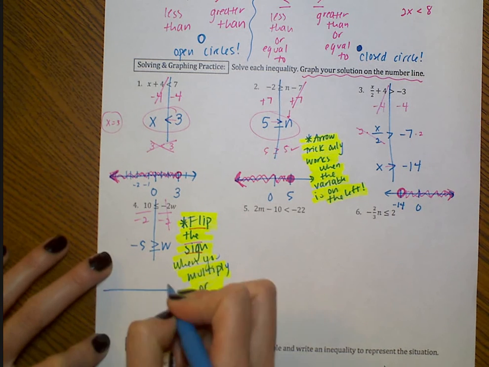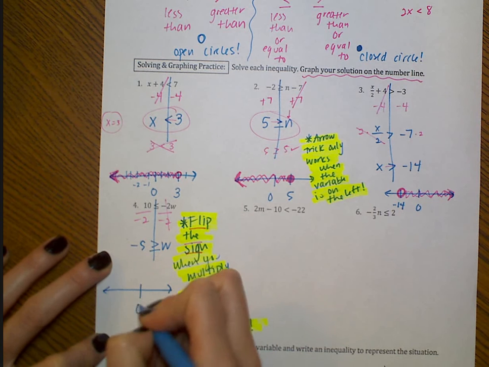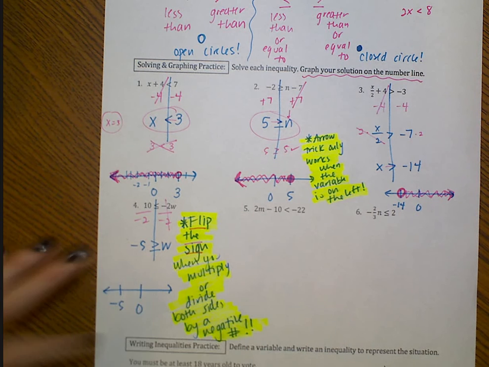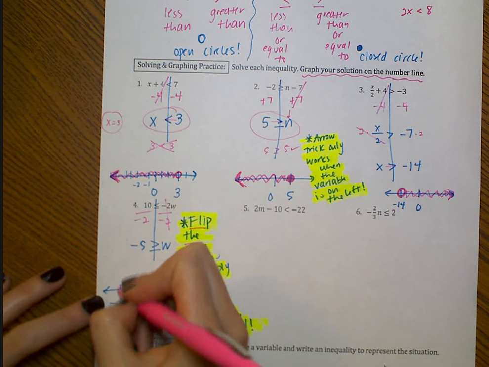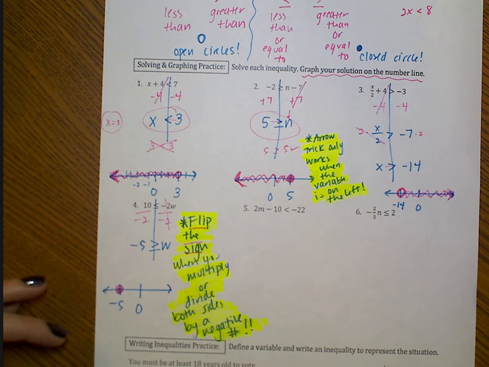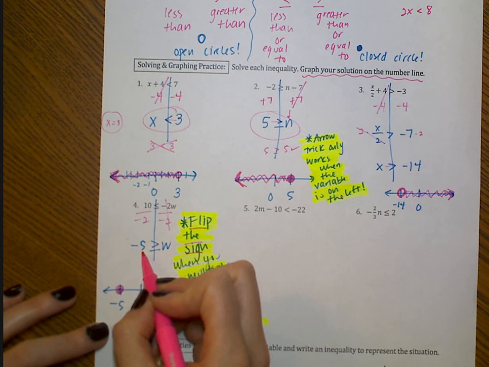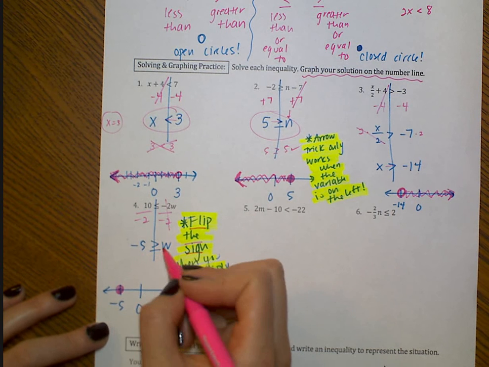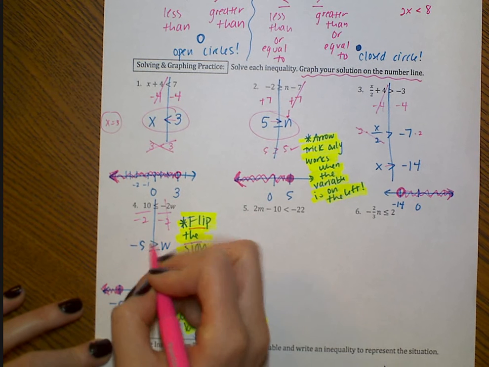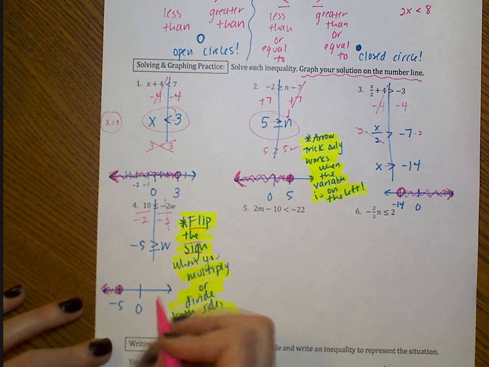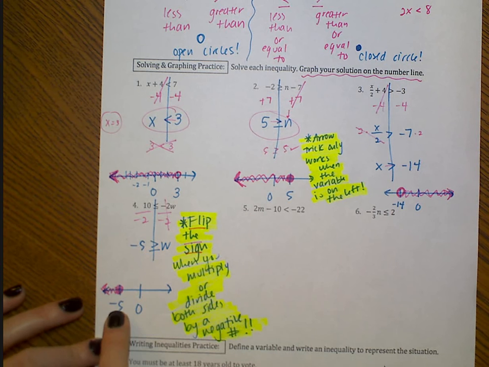I'm going to graph it like normal though. So this one's a closed circle. And okay, the variable is not on the left, so I can't use the arrow trick. I need numbers smaller than -5. It's not going to go right like the arrow looks. I got to go the opposite way. So that's my graph.